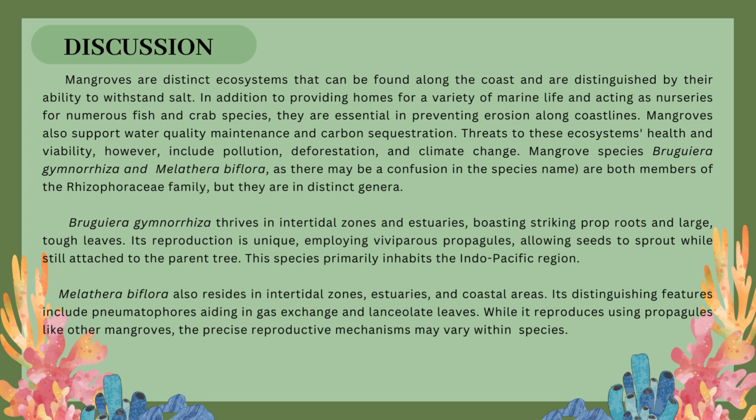These species primarily inhabit the Indo-Pacific region. Melothria biflora also resides in intertidal zones, estuaries, and coastal areas. Its distinguishing features include pneumatophores, aiding in gas exchange, and lanceolate leaves, while it reproduces using propagules like other mangroves.